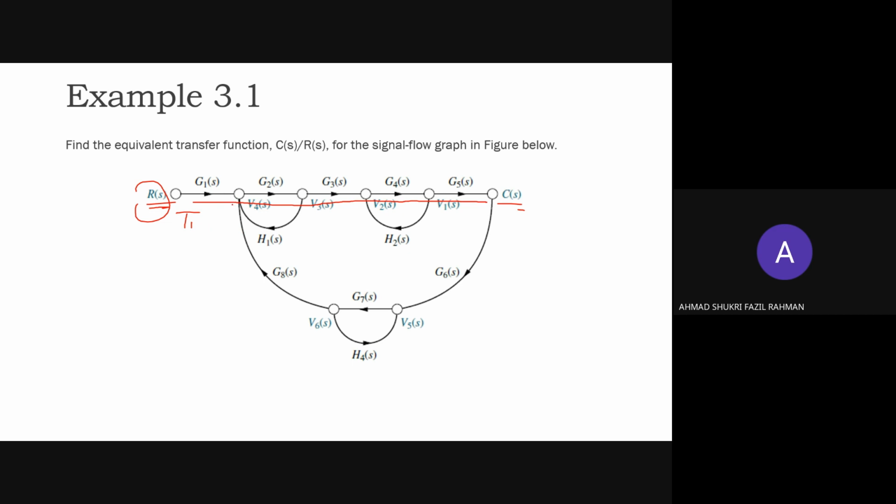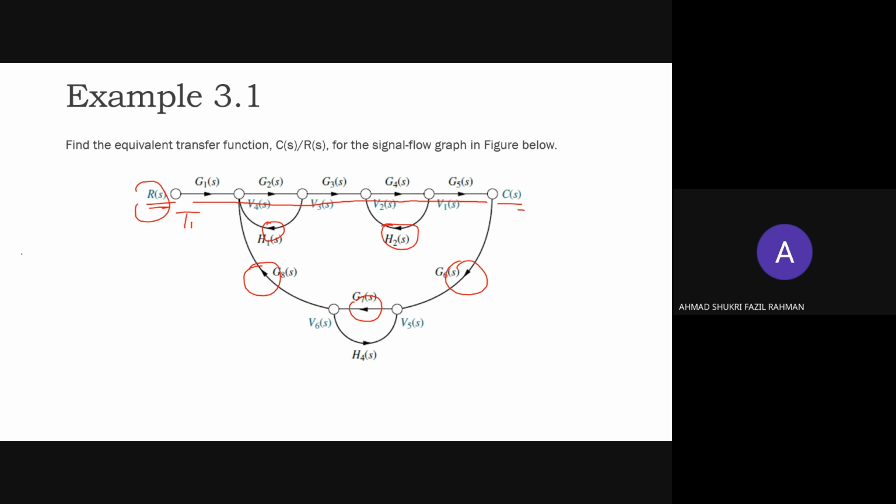But for this example, if we have one path here, try to observe other paths. This one is not possible because of the direction, and this one also not possible because the direction is opposite. This one also is not possible. This one is possible, but the direction in between is opposite, so we cannot consider that as a forward path. So eventually we only have one forward path.